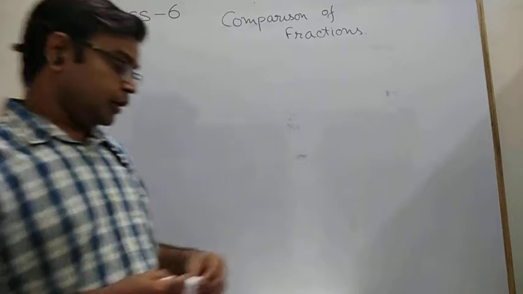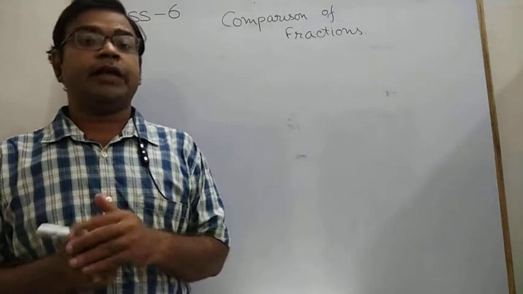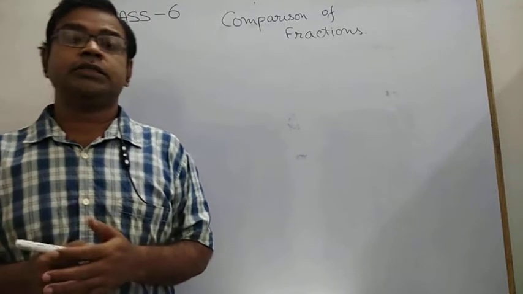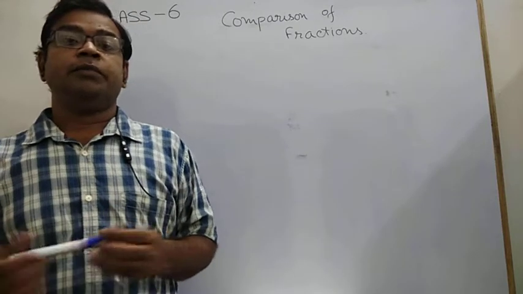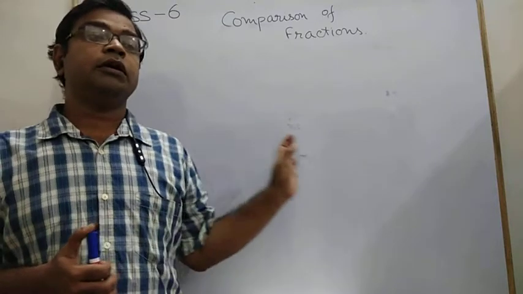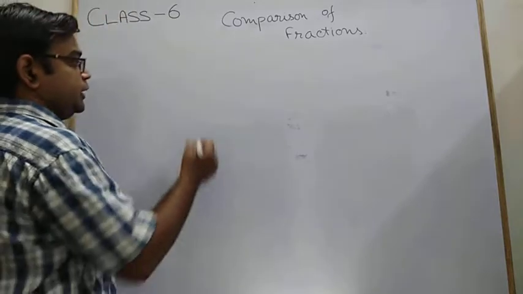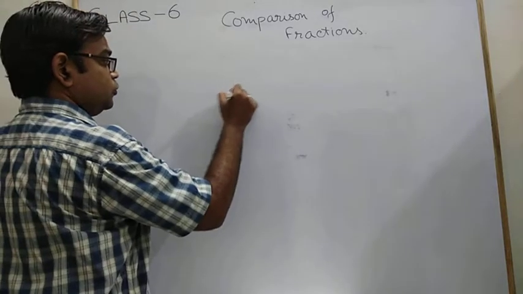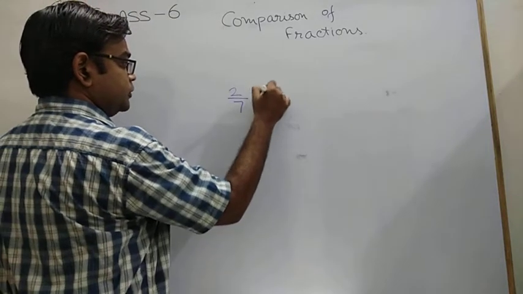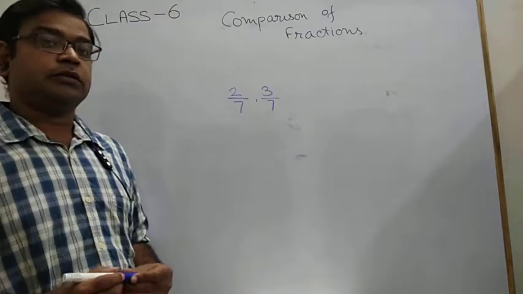Let's start. The very first case: if we have like fractions, as we discussed in previous videos, in like fractions denominators are the same. So if I say it's 2 upon 7 and 3 upon 7, these two are like fractions.